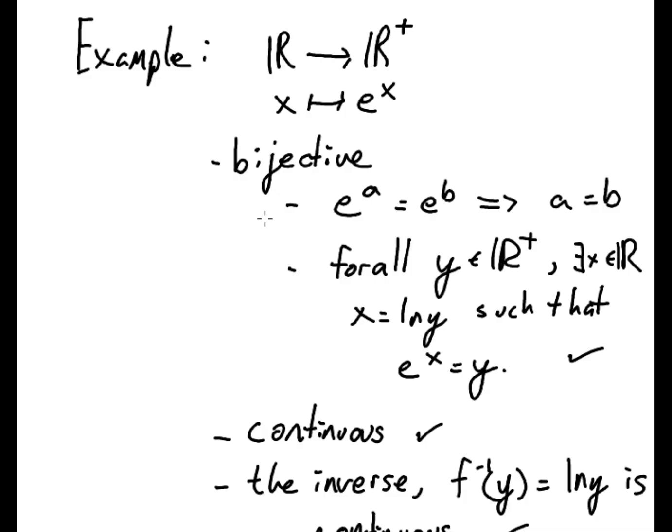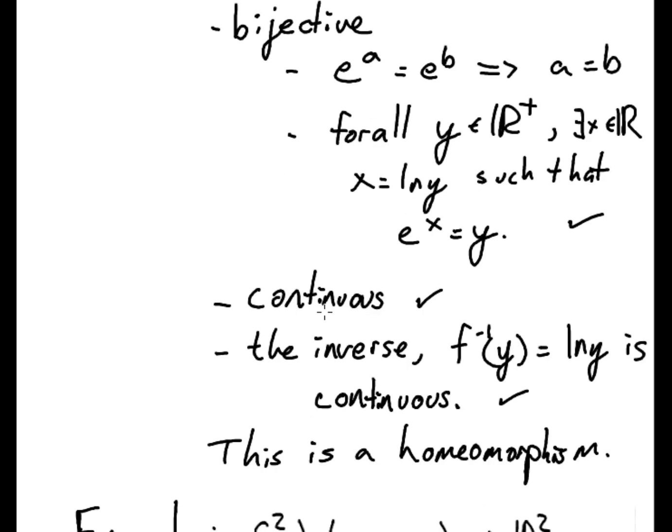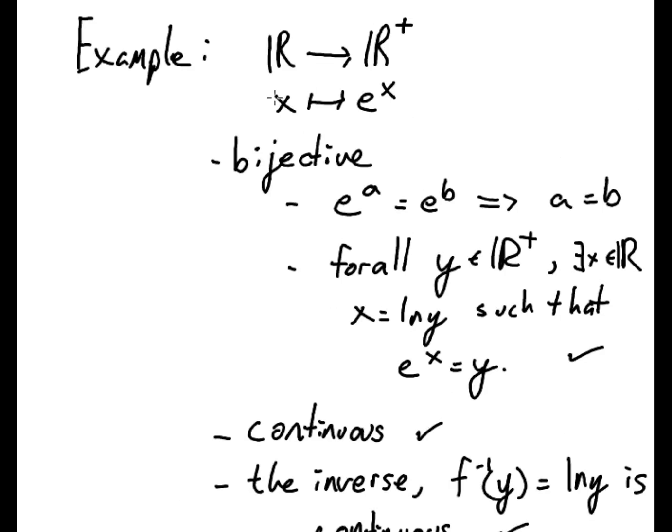Right? So we know that this is bijective. That just works. It is continuous. Continuity understood in the normal kind of sense here. And the inverse, the natural log, this is continuous on the domain of the positive real numbers. So that makes this a homeomorphism. Right? If I take an open set in the real numbers and I look at the image of that open set under this map, I'm going to get another open set back. So all of the topology that I do here carries over to any topology that I might want to do over here, and vice versa.